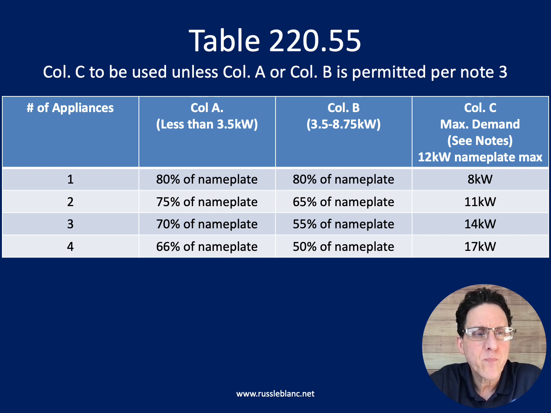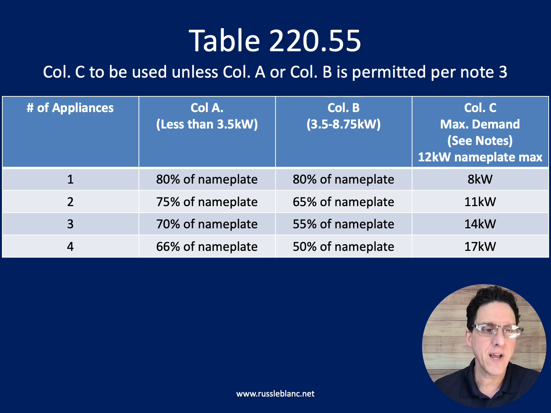Column A is for nameplates less than 3.5 kW, and the values there in column A are percentages of nameplate. Depends on how many appliances you have. It could be 80, 75, 70, 66, and so on. Column B is for nameplates 3.5 to 8.75 kW, and again, those are percentages of nameplate.